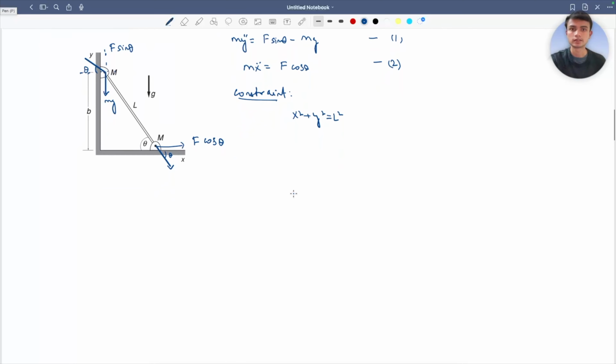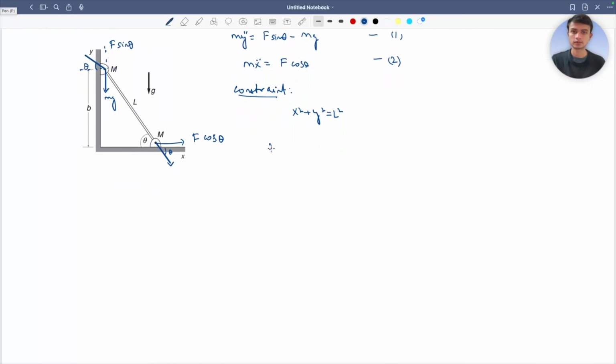All right. So I'll take a derivative, and that goes as 2x x dot plus 2y y dot equals 0, because this length is not changing. It's not extensible, I mean, it's a rigid rod. Now I'll take one more derivative: 2x double dot plus 2x dot squared plus 2y double dot plus 2y dot squared, and this all goes to 0.